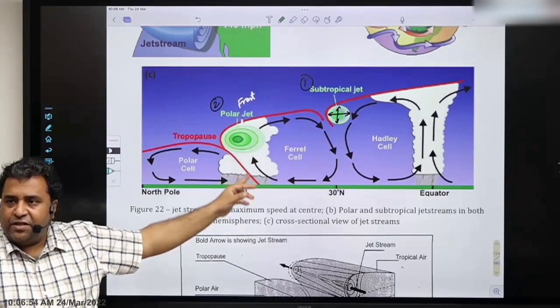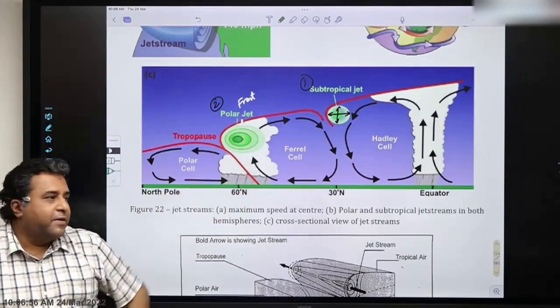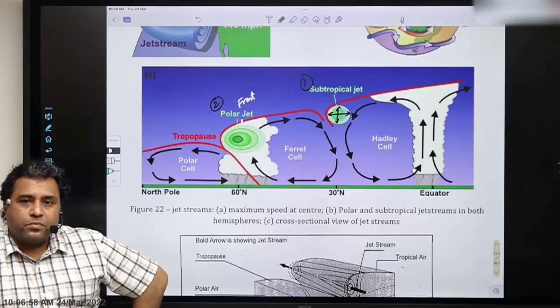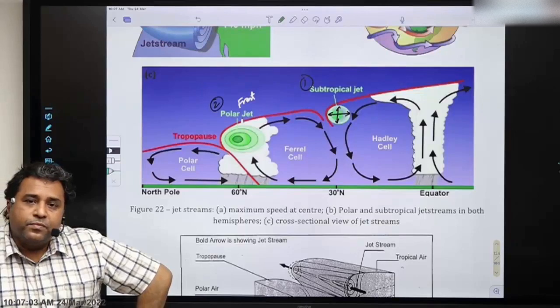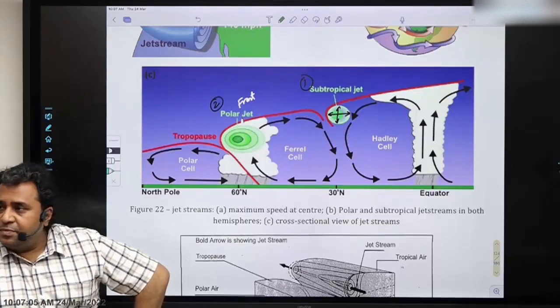So in this region, in the upper atmosphere below the tropopause, what do we have? In the upper atmosphere below the tropopause, what is blowing? Jet stream. Which jet stream?